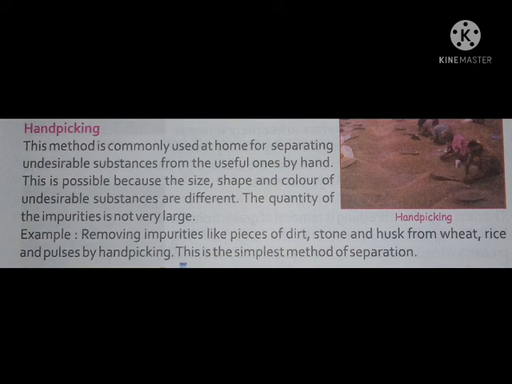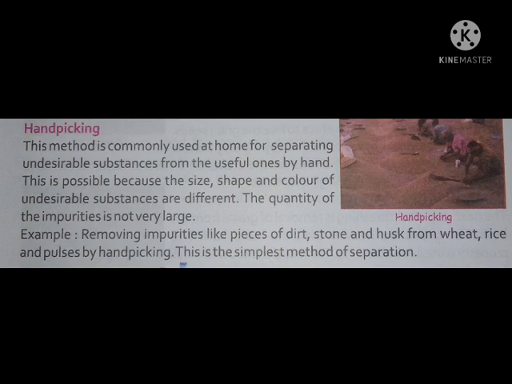Okay? This is possible because the size, shape and color of undesirable substances are different. If we take some rice and we have to separate some stones, some undesirable pieces of dust from that rice, we know what the size of rice is, what the color of rice is, and we can find out differences between the odd ones.